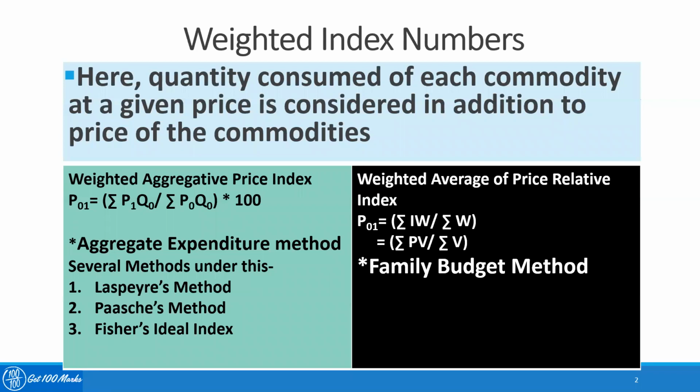Under weighted index number, there are two types of methods. One is weighted aggregative price index and the other is weighted average or price relative method.